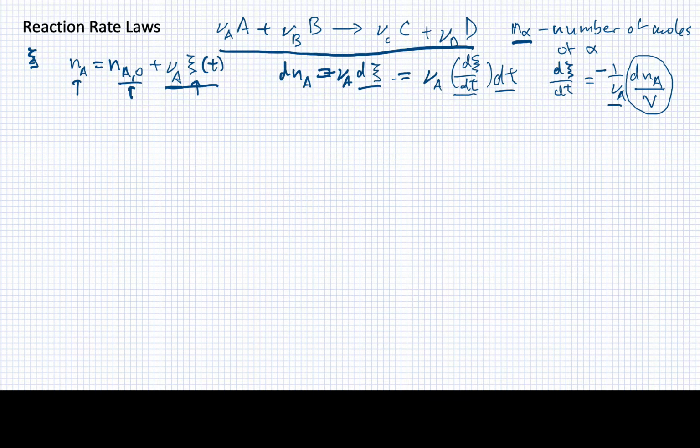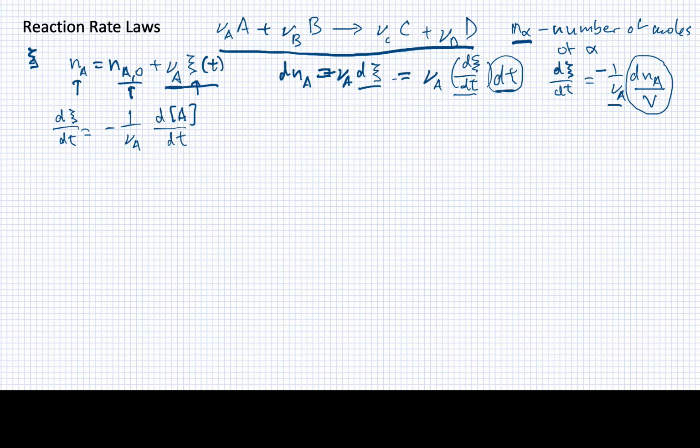So that means that I can effectively write that this derivative, dξ/dt, is going to be equal to minus 1 over the stoichiometric coefficient of A times this derivative. And I'm going to also specify that this is a derivative with respect to time because I had dt on this side of the equation, so now I'm basically dividing both sides by that. All right, so when I write it this way, it's a little bit more suggestive.